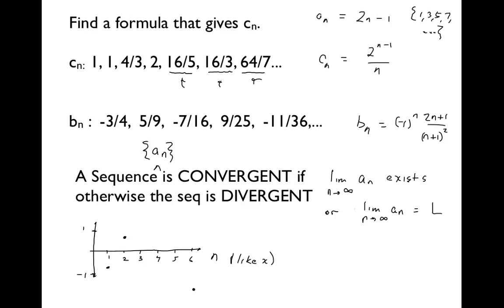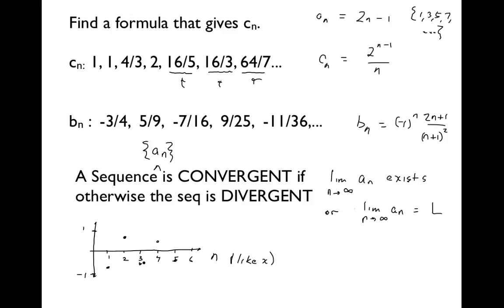Then negative 7/16, a little bit less than negative 1/2. 9/25, that's a little bit more than a third. Negative 11/36. So what's happening here?